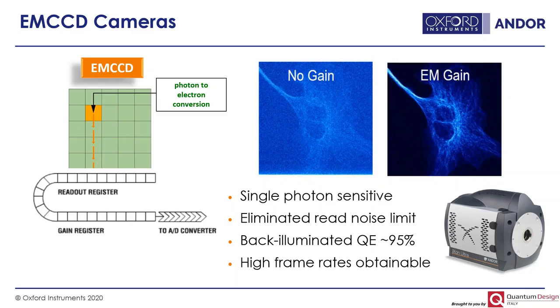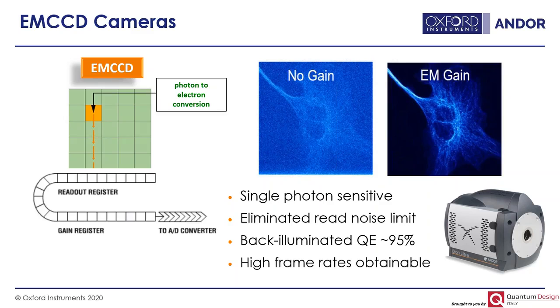You can achieve relatively high frame rates with EMCCDs, and they do have single photon sensitivity. Here I've got a picture on the right-hand side which illustrates the difference between a CCD camera with no gain applied and with EM gain applied, and the image is visibly much clearer.